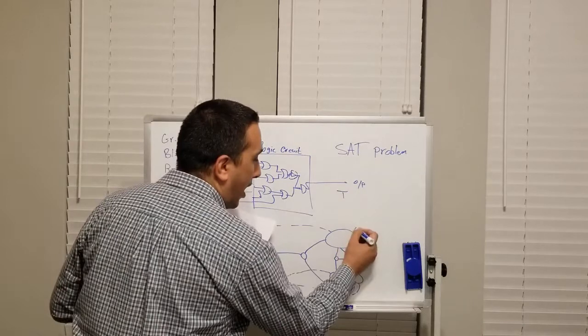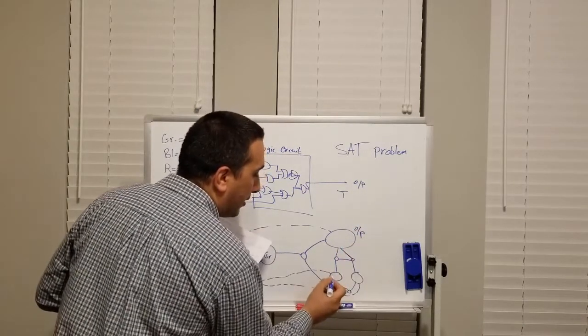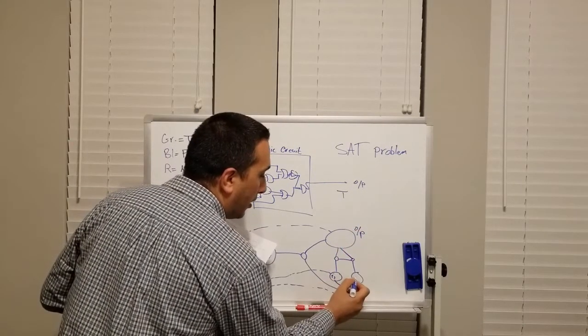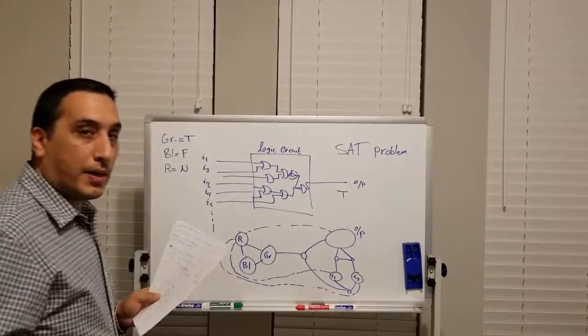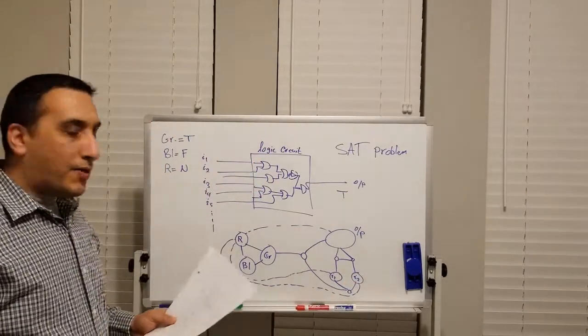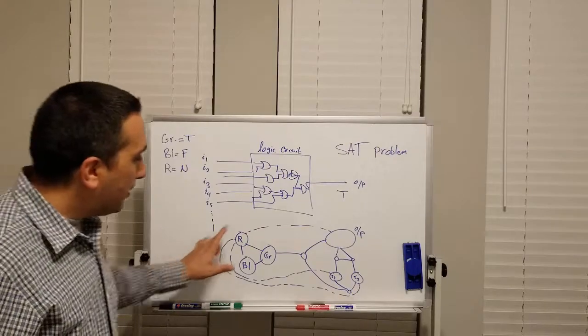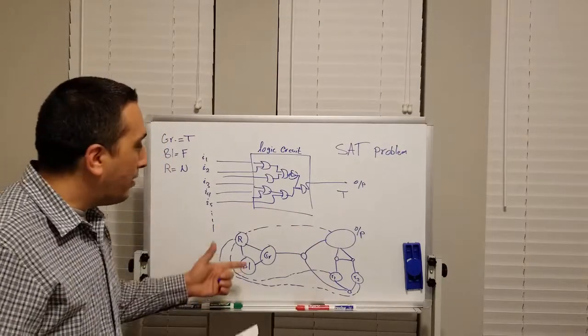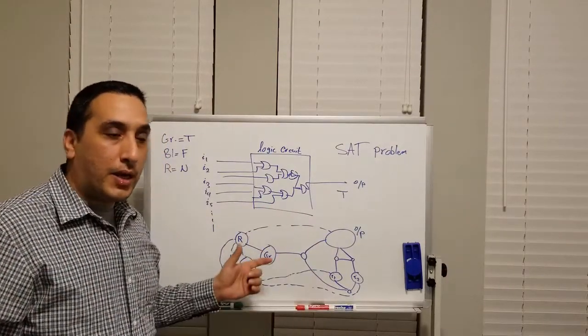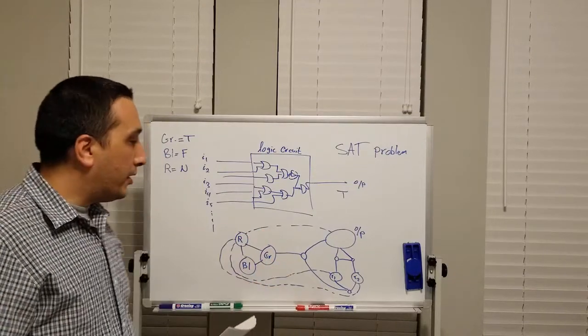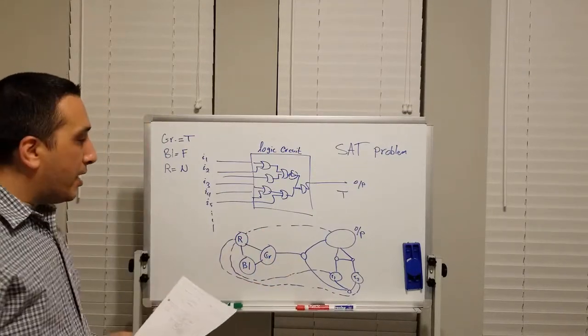This being the output, and these the inputs, I1, I2. So let's go ahead and try to understand how this graph diagram is actually mimicking the OR function, or the logic OR function in a logic circuit.